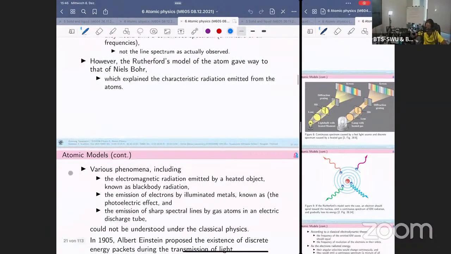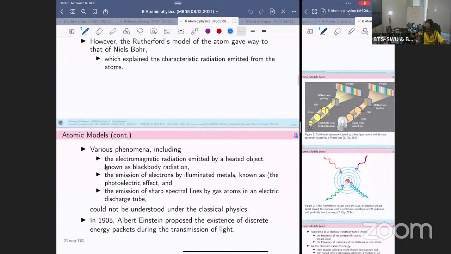Various phenomena, including electromagnetic radiation emitted by a heated object, known as black body radiation, and the emission of electrons by illuminated metal, known as the photoelectric effect, that's this one.